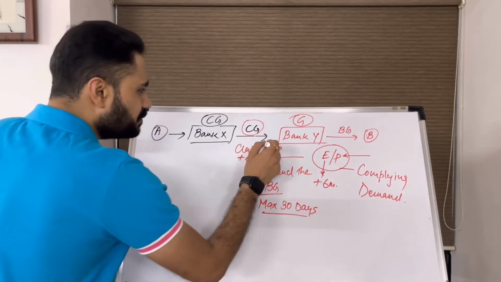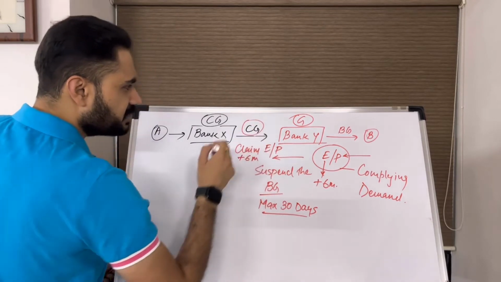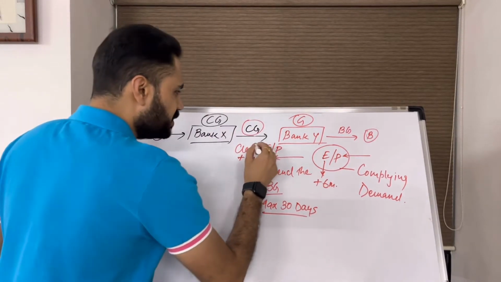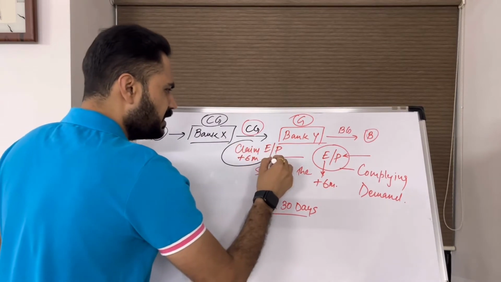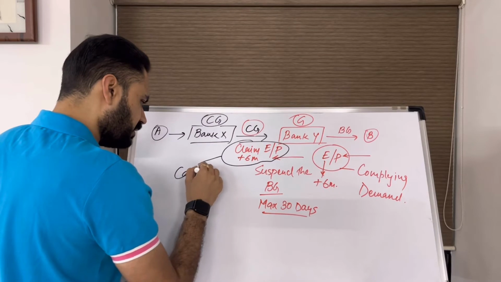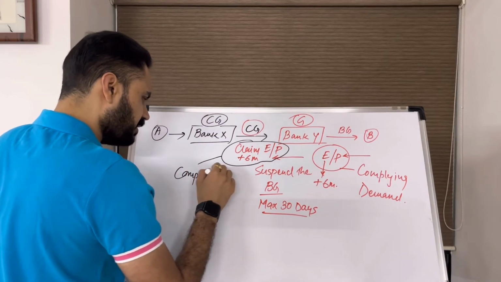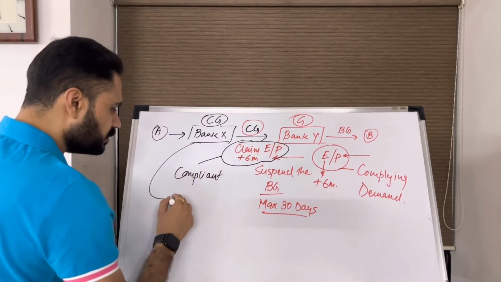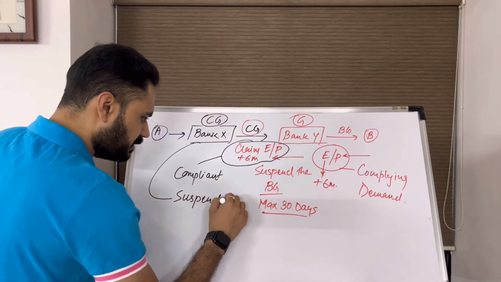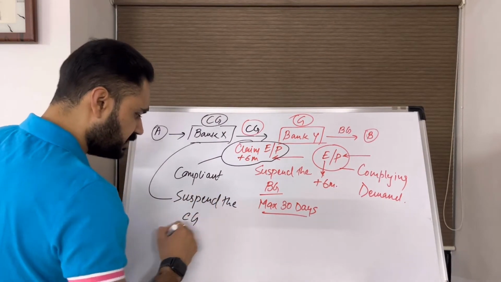Now when this extend or pay is received under the counter guarantee, bank X will check this. If it is compliant, bank X will also suspend the CG.